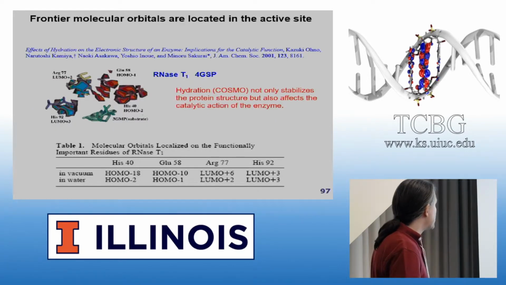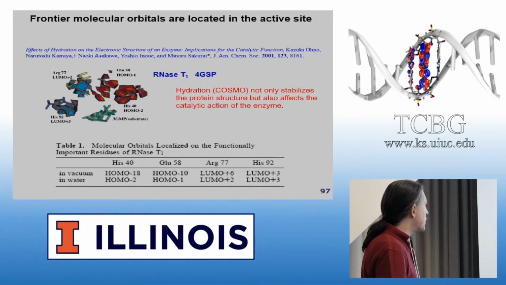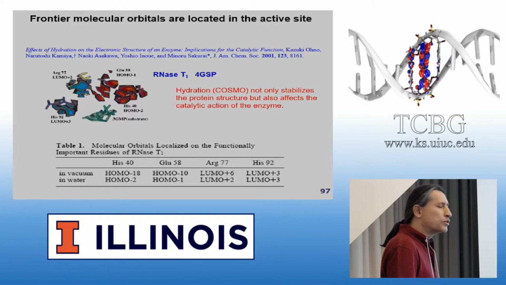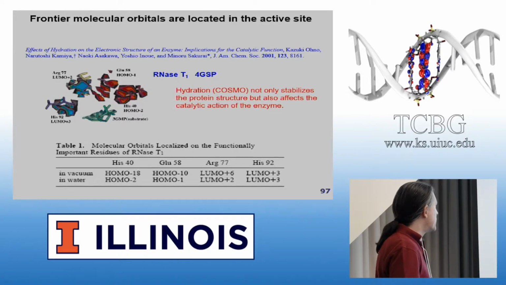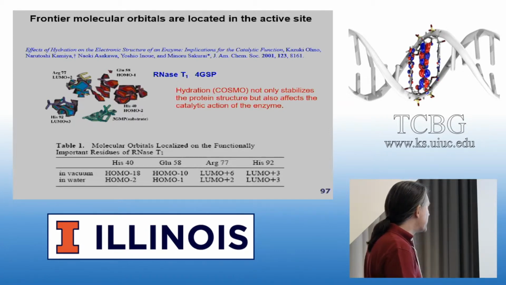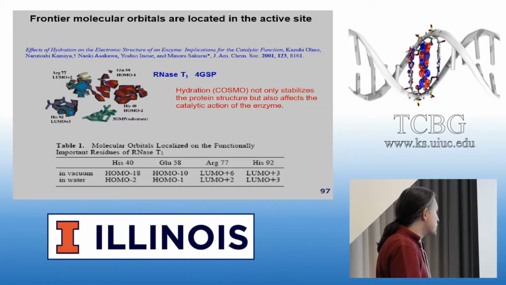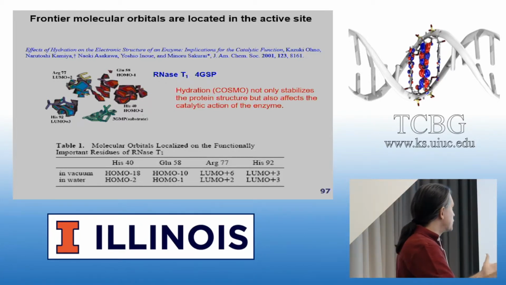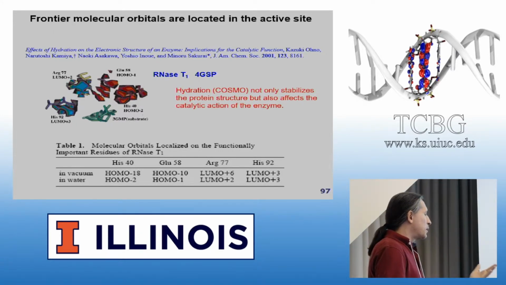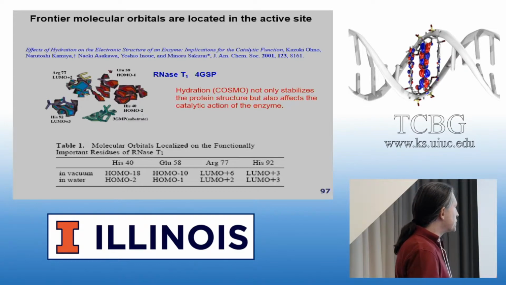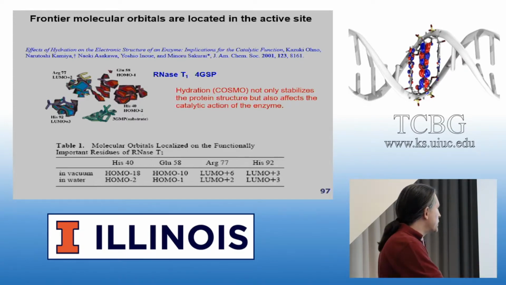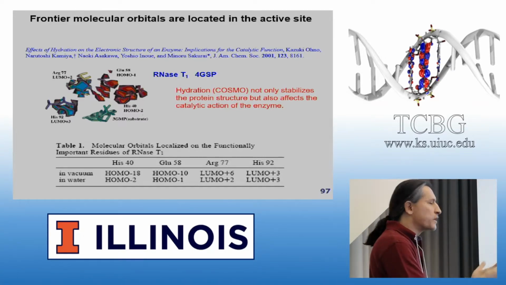I consider that paper a good paper to answer that type of question, because in this publication, the researchers considered two calculations for this type of protein. They did a calculation in gas phase and a calculation in solution phase, the aqueous phase.